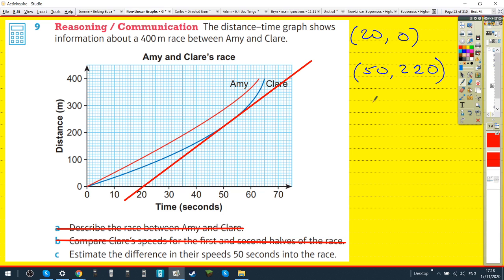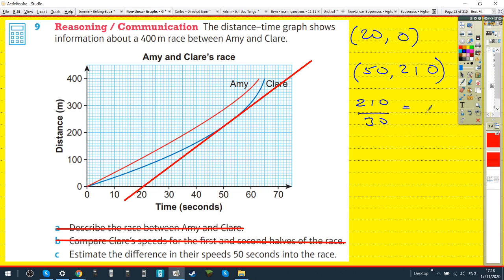Okay. So what would you get there? So for your run would be 30. I'm going to estimate it's 210. And then your rise is 210.